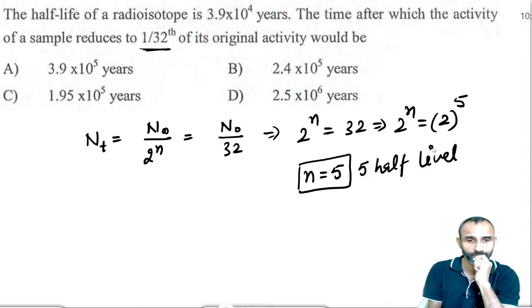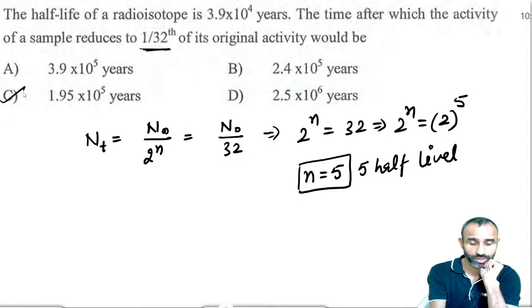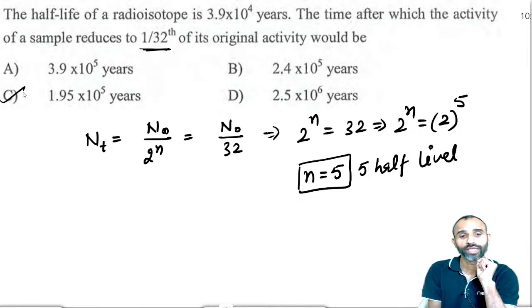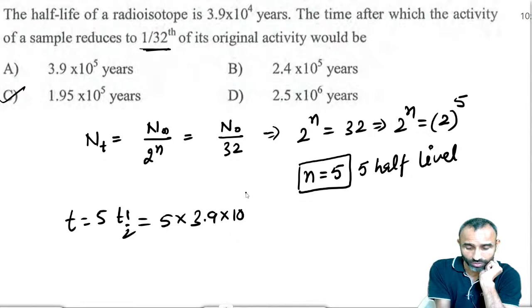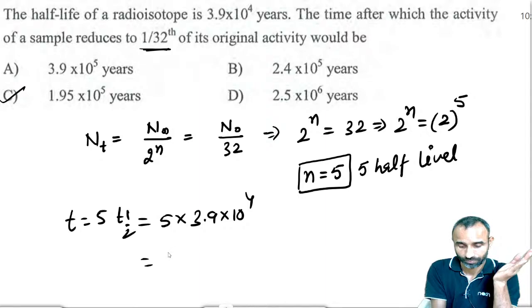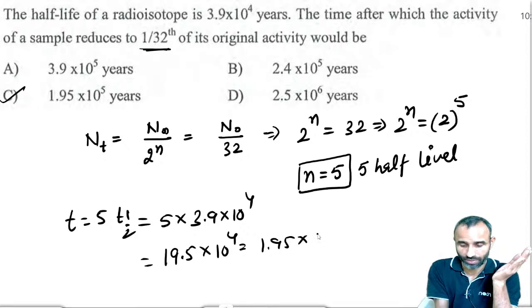So time is 5 times t half, that is 5 times 9 into 10 raised to power 4, which is 4.5 into 10 raised to power 5 years.